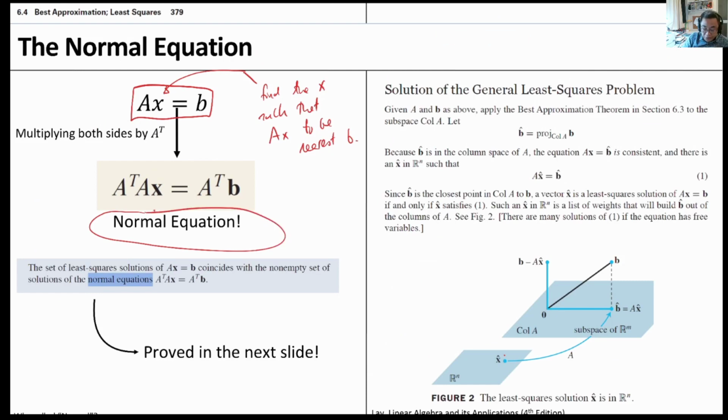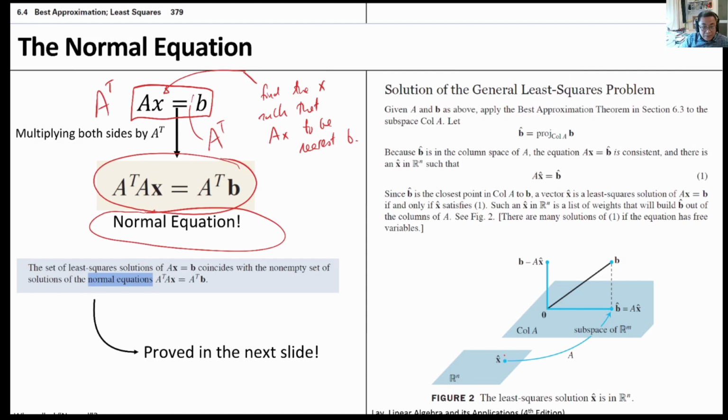The normal equation is formed by multiplying the left-hand side by A transpose, and hence the right-hand side we will also have to multiply by A transpose. We'll get this equation called A transpose A x equals A transpose b. This is the normal equation.